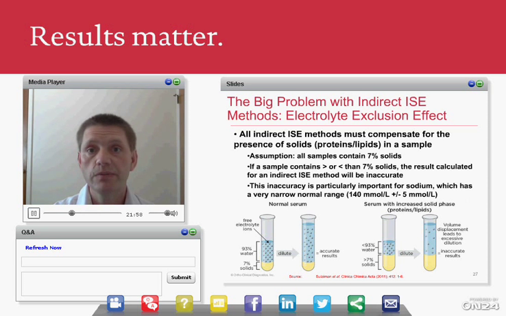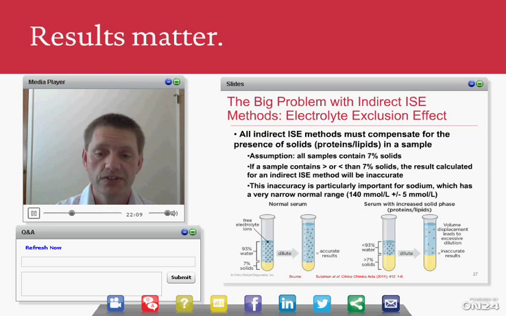If a given sample contains more than 7% solids, then after you do a dilution, you're going to end up with an inaccurately low result because you actually have more displacement than you anticipate. If the sample contains less than 7% solids, then you'll have an incorrectly high value.